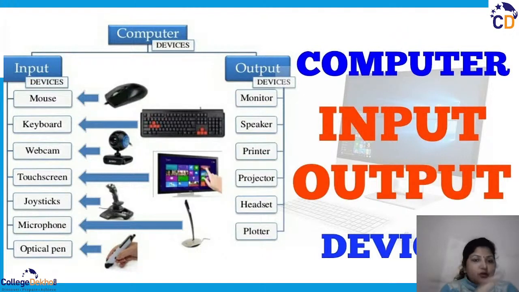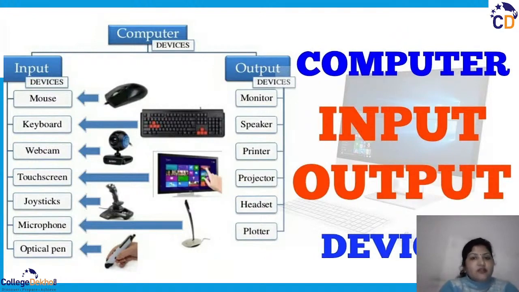Now, once you have given the input to the system, the next task is to get the output. How will I get the output? For this purpose, there are output devices for displaying the output. What are those devices? Let's see. Monitor. Most of you know the use of a monitor. It gives you an output on the screen. Speakers, obviously, give you the sound.